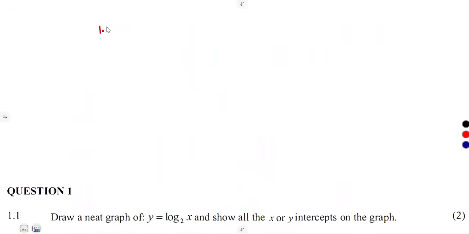Remember, when you are to draw or sketch a graph, what is important are the critical values: the shape of the graph, the x-intercepts, the y-intercept. If there are turning points, those must also be considered.